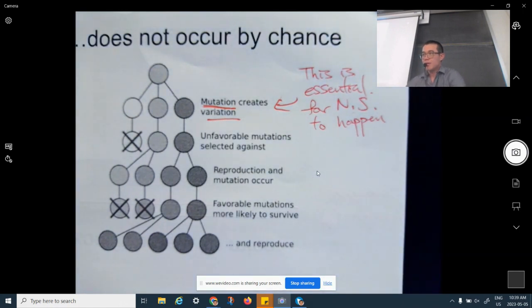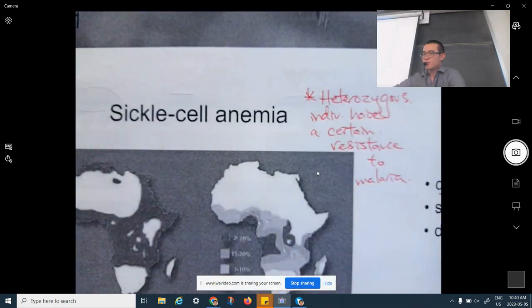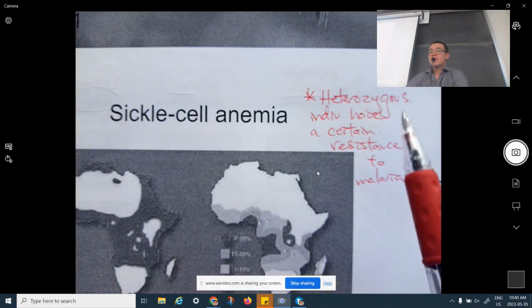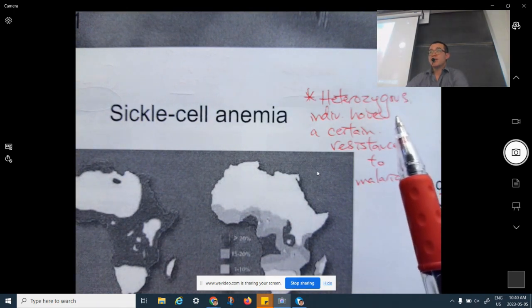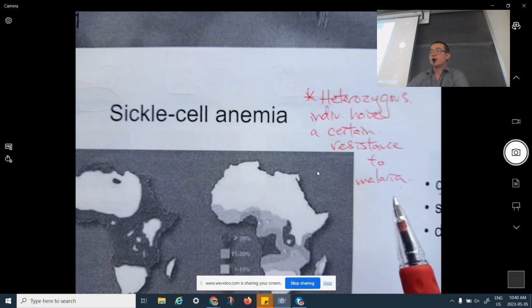Now, sickle cell anemia or sickle cell disease, we talked about it at length in this course already. One of these maps, I'm not entirely sure which one it is, is about the spread of malaria, and the other one is about the spread of the sickle cell allele. Again, do keep in mind, individuals who are heterozygous for the sickle cell allele have a certain resistance to malaria. It's harder for them.